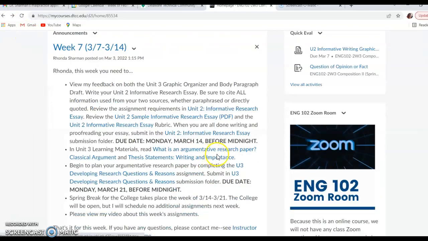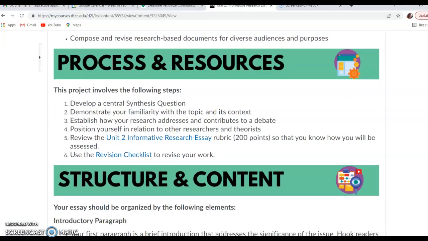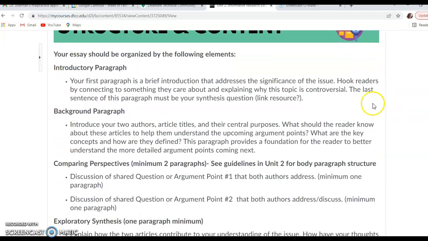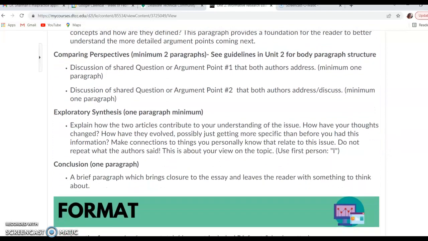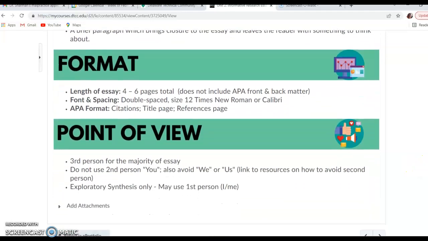You would also want to check the assignment requirements. So let's check those. Notice that you are going to have an introductory paragraph, a background paragraph, 2 paragraphs where you discuss point 1 and point 2 with both of your articles, a synthesis paragraph, and a concluding paragraph.